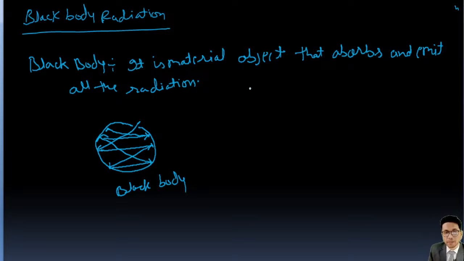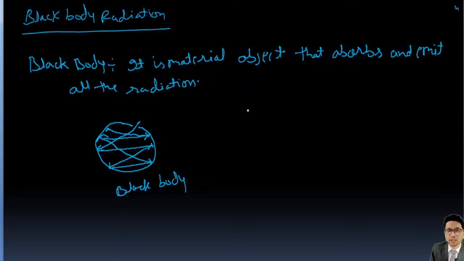With the help of classical mechanics, we are not able to explain black body radiation. For example, when we heat any solid object like metal, it heats up and releases electromagnetic radiation.